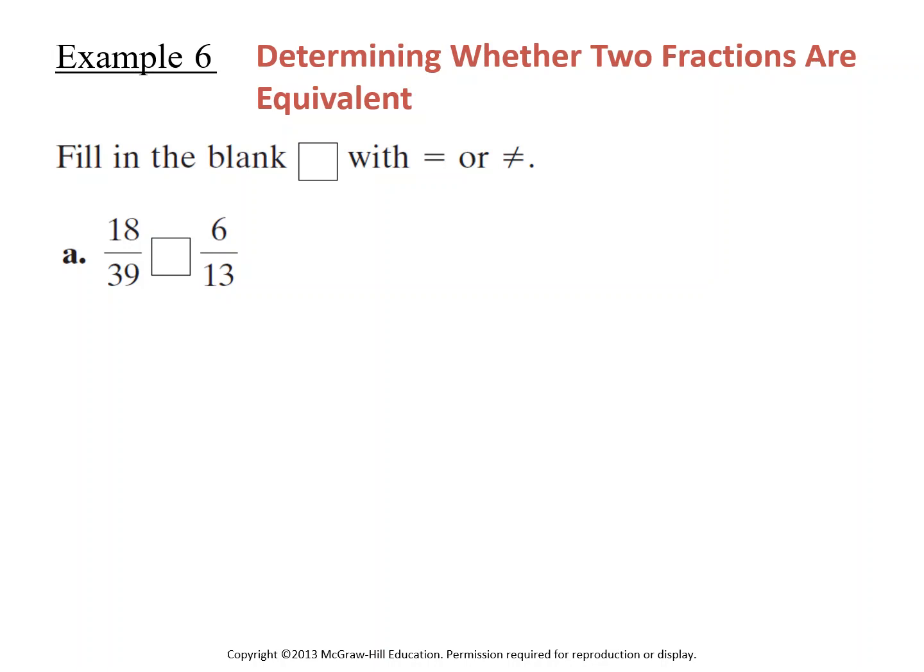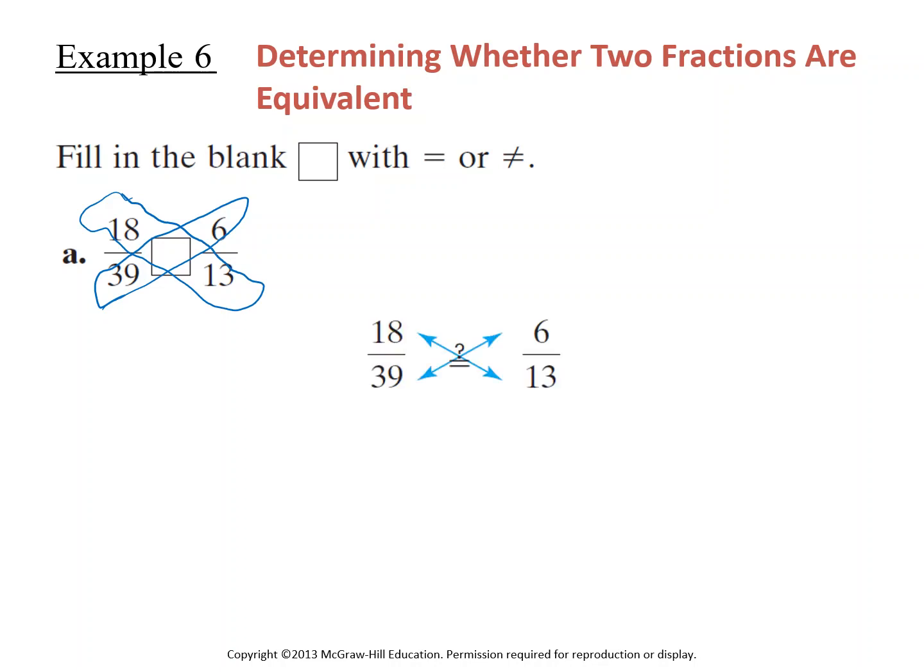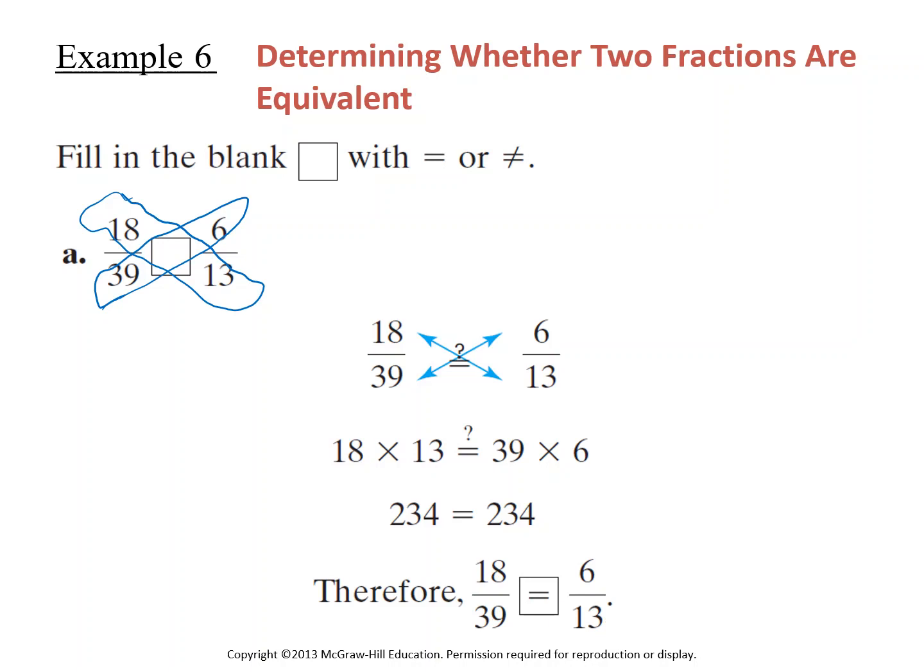If we multiply across, 6 times 39 and 18 times 13, these cross products are both 234. If the cross products are equal, the fractions are equal. So we can use the cross products test to decide if we have equal fractions.